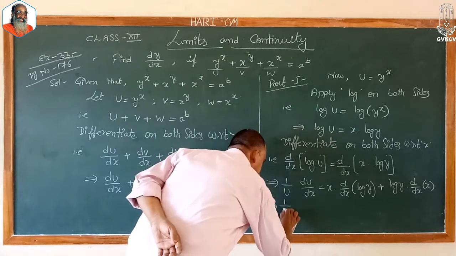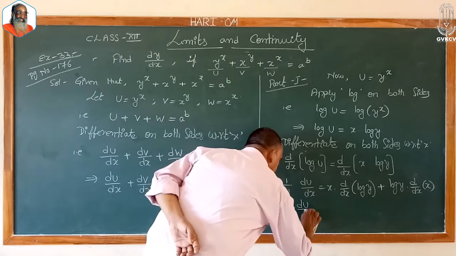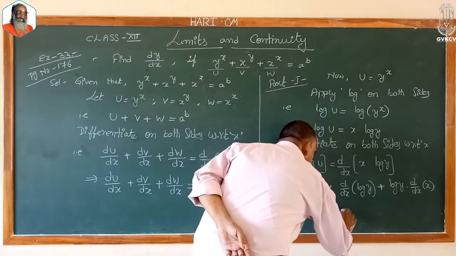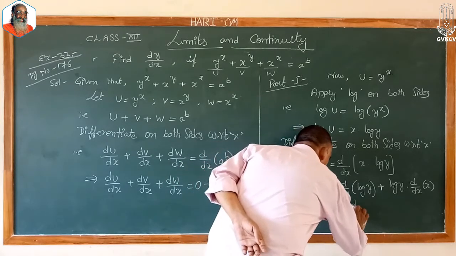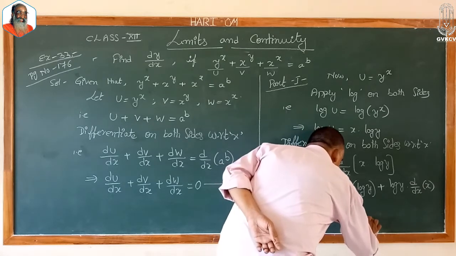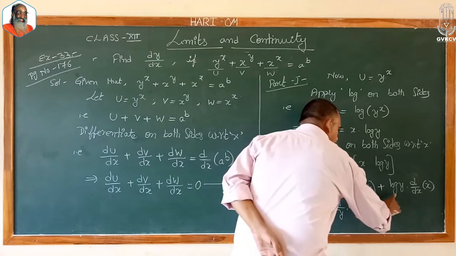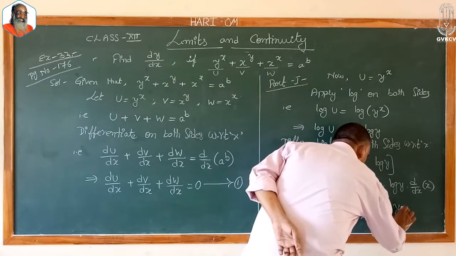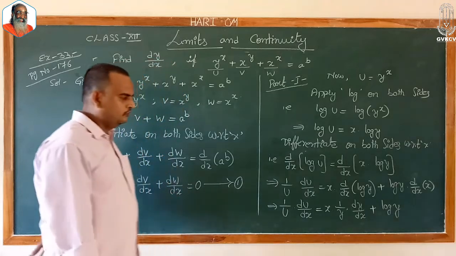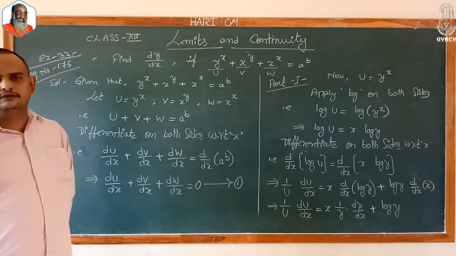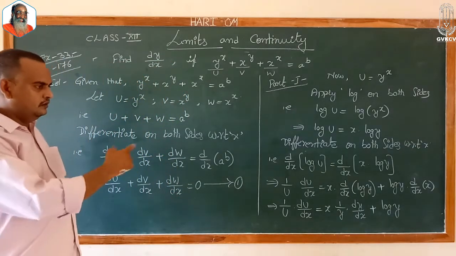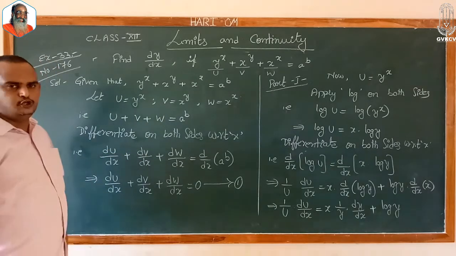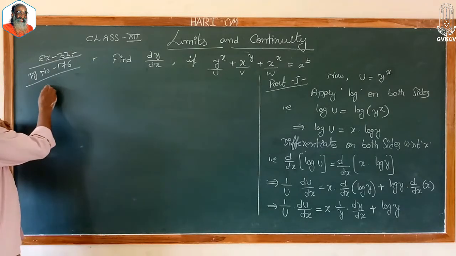That implies 1/u into du/dx = x into (derivative of log y, which is 1/y into dy/dx) plus (derivative of x, which is 1) into log y, which is nothing but log y. We continue here once again.